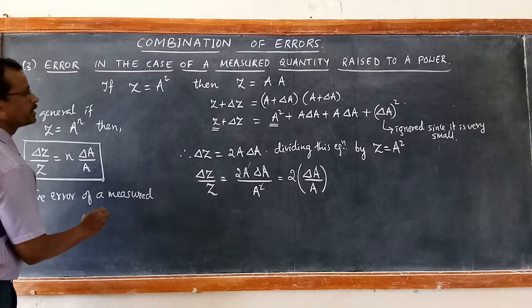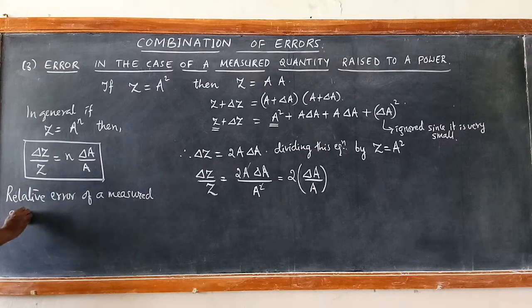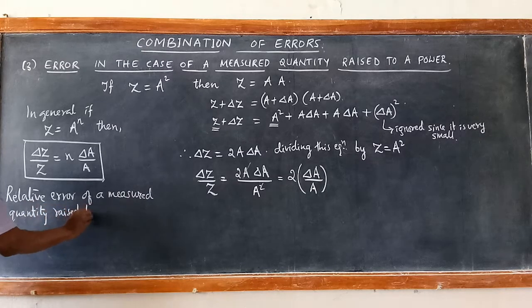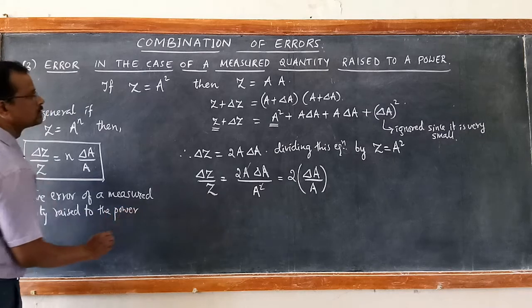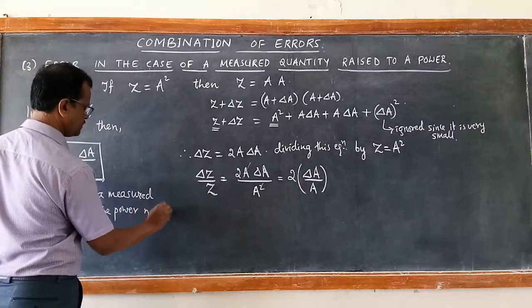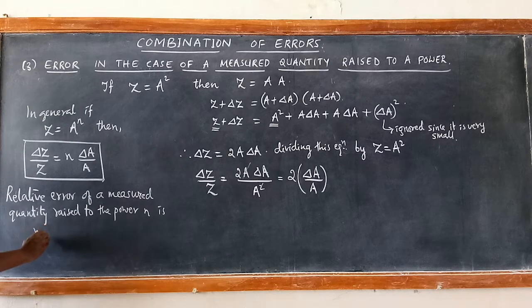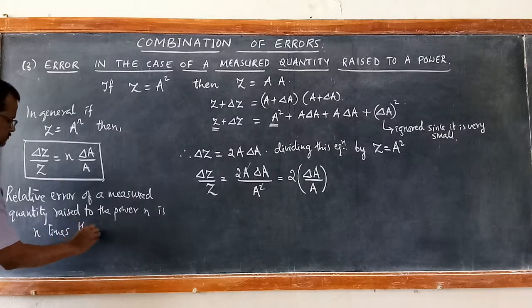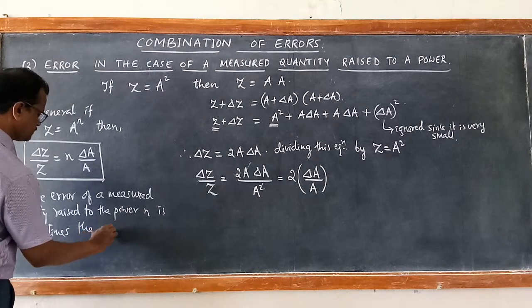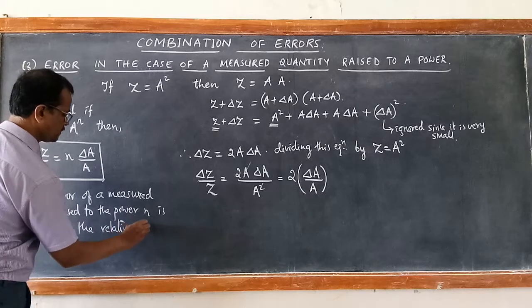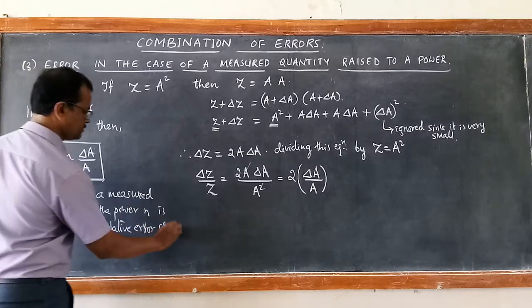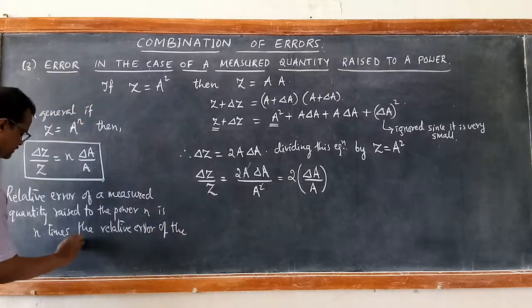Relative error of a measured quantity raised to the power n is n times the relative error of the physical quantity.